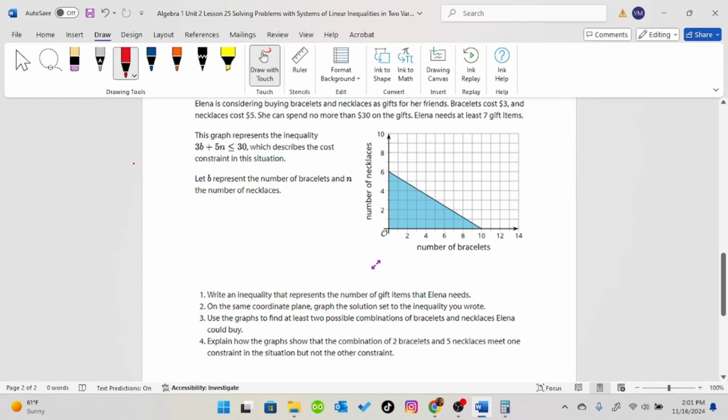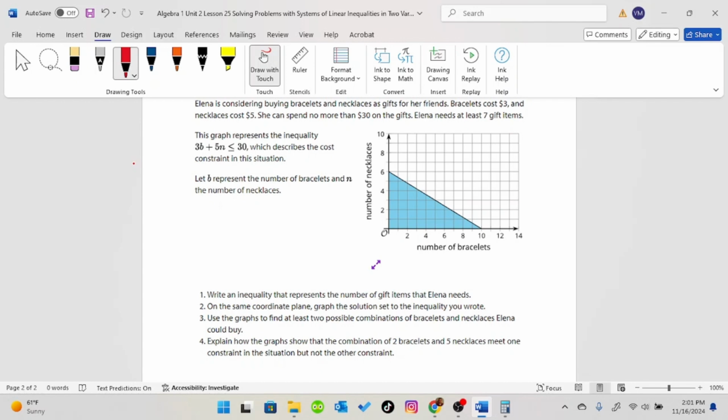Our last practice problem: Elena is considering buying bracelets and necklaces as gifts for her friends. Bracelets cost $3 and necklaces cost $5. She can spend no more than $30 on the gifts. Elena needs at least 7 gift items.